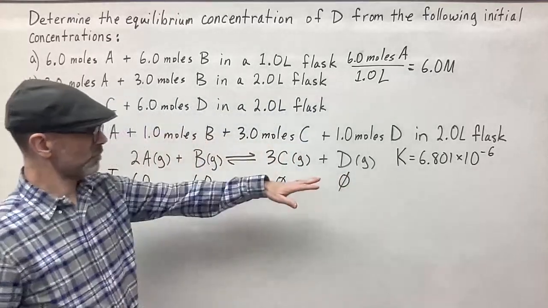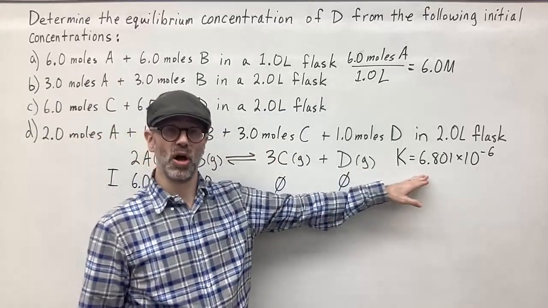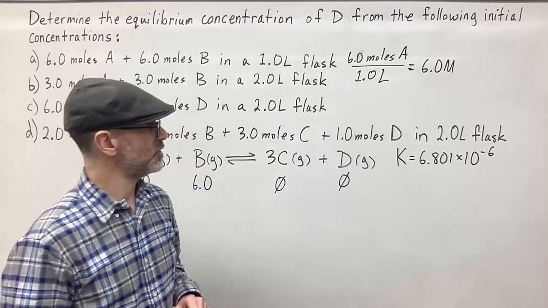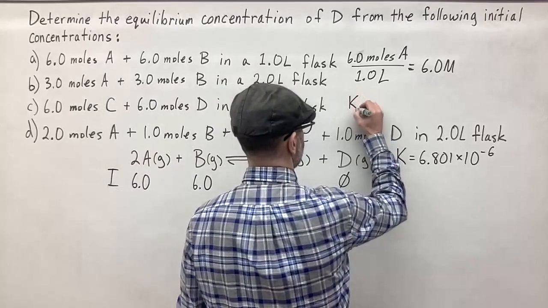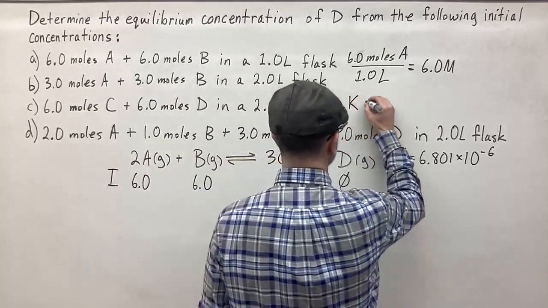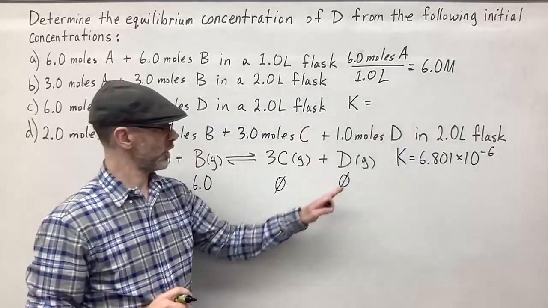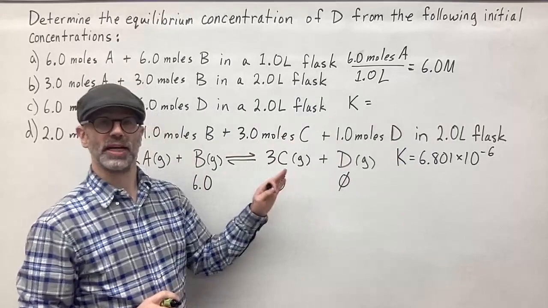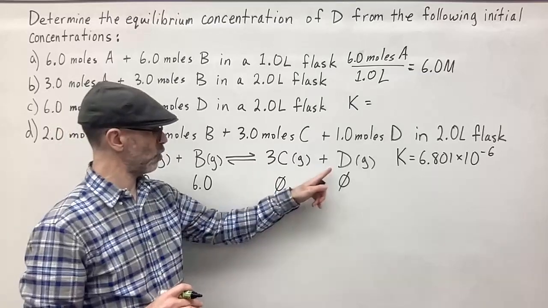Now, coming back to the equilibrium constant, it's a small equilibrium constant. And so if we write down, again, the equilibrium constant expression for this reaction, it's going to be the concentration of the products over the concentration of the reactants, each raised to the power of its coefficient.